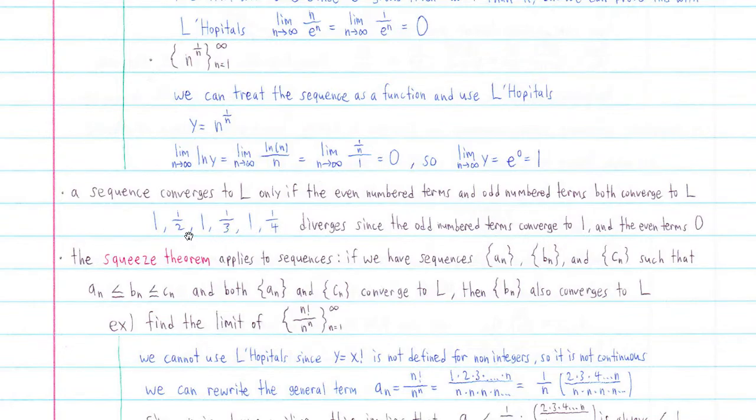So even though the even and odd number terms both converge to a limit, they are not the same limit, and therefore the overall sequence does not converge to a limit. So it diverges.